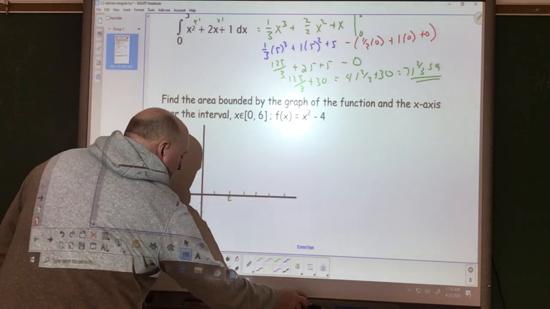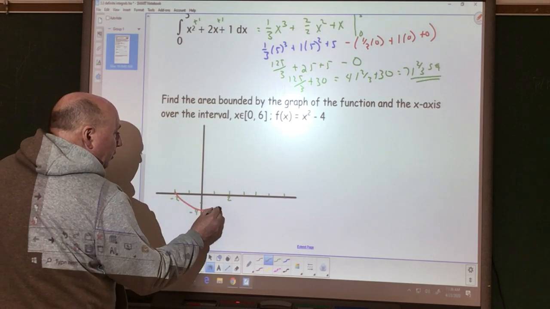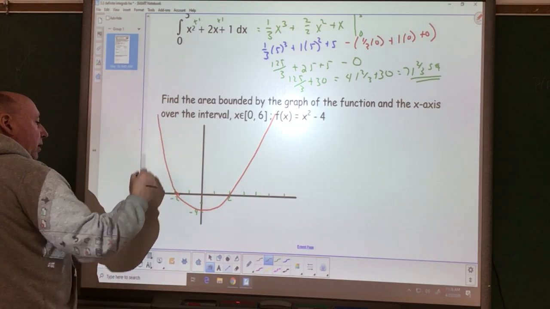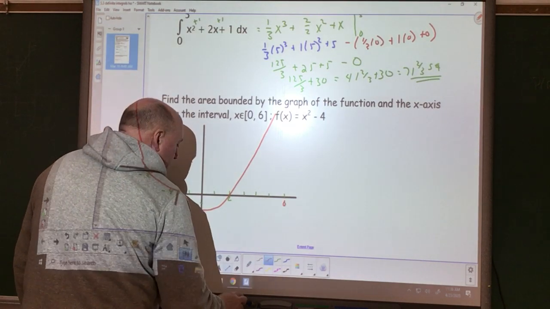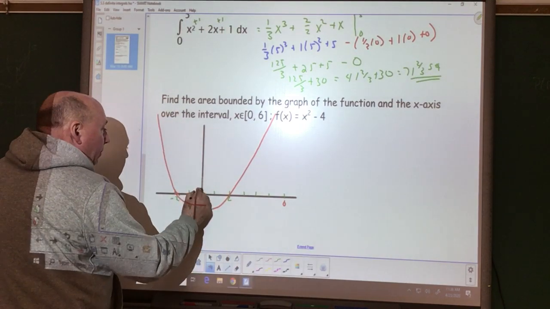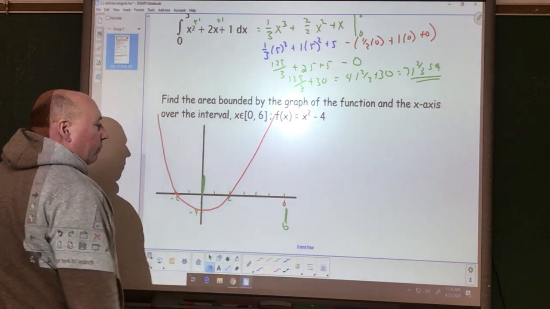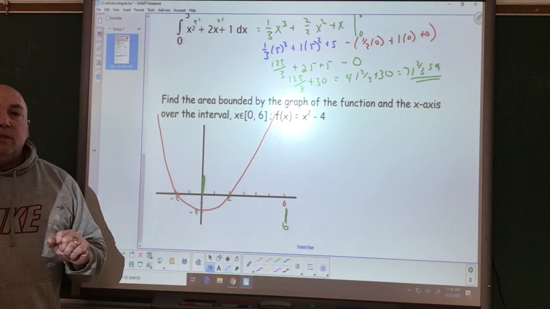So if I take a look at my graph here, this is going to be my graph. And we want to calculate this entire area from 0 to the value of 6. Okay, so I want to be able to evaluate from 0 to 6.